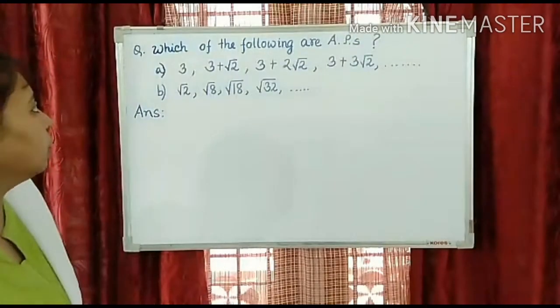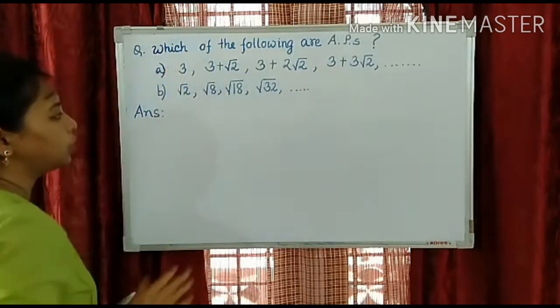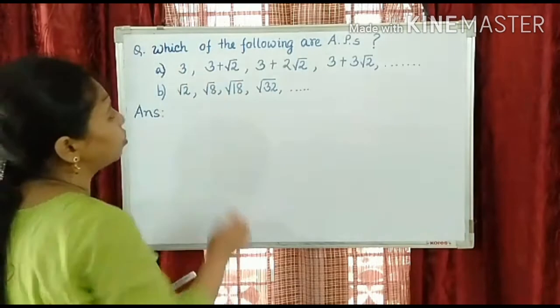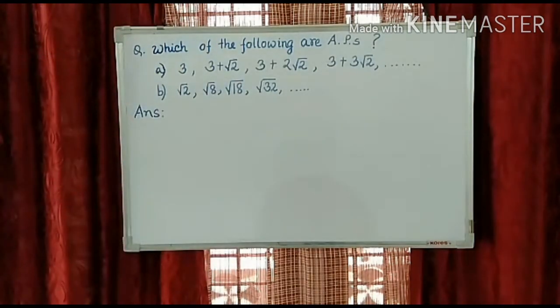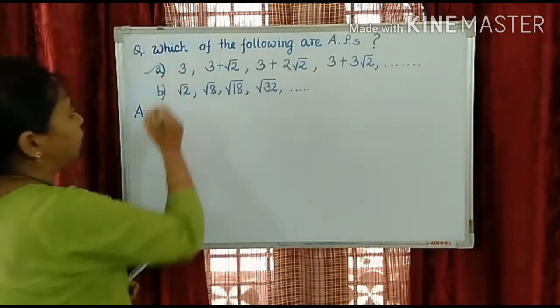Next question: which of the following are APs? There are two sequences. 3, 3 plus root 2, 3 plus 2 root 2, 3 plus 3 root 2. And the second one is root 2, root 8, root 18, root 32, etc. Now I am taking the first one.